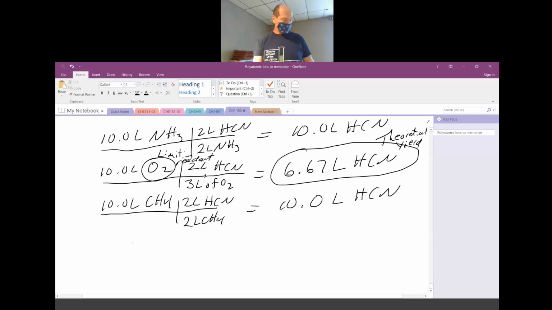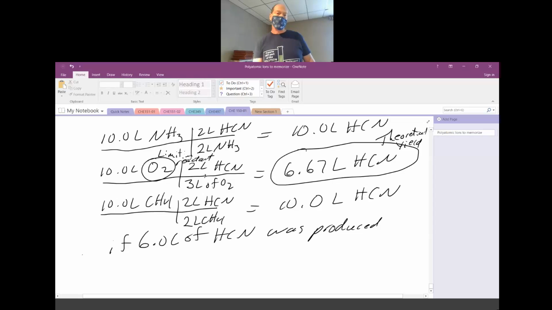The next problem, part D, says if 6.0 liters of HCN was produced in this reaction, calculate percent yield.